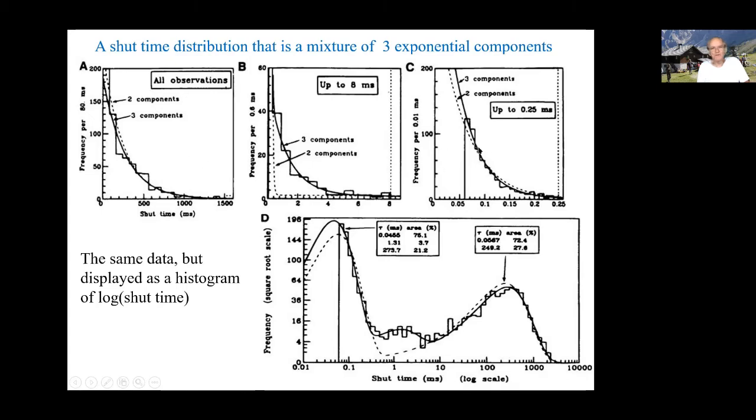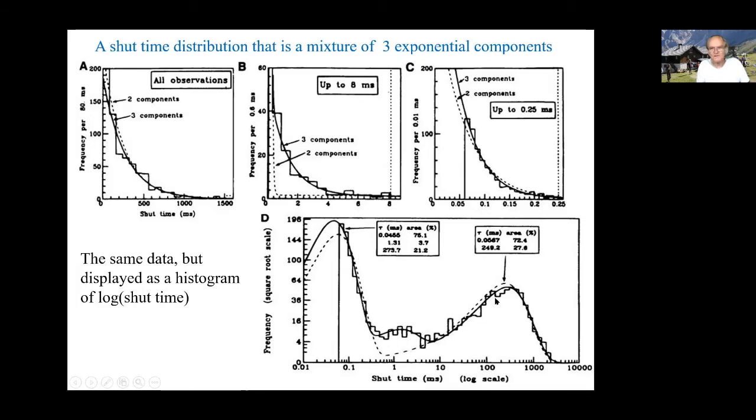So first of all, we thought there were 2 components, but if you look carefully at an intermediate time scale, this goes from 0 to 5 milliseconds, you see that there's a small intermediate component. Now this is tricky because you've got to plot it on lots of different time scales to see if everything's there. But if you plot the same data, but displayed as a histogram of log shut times, we can see a component here with a time constant of about 45 microseconds, a very fast component here.